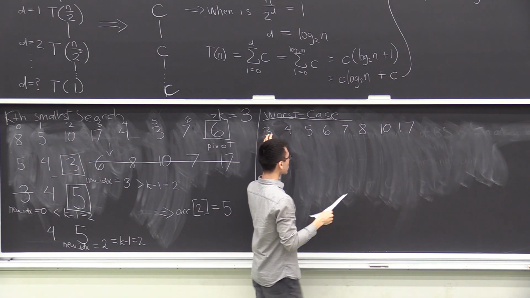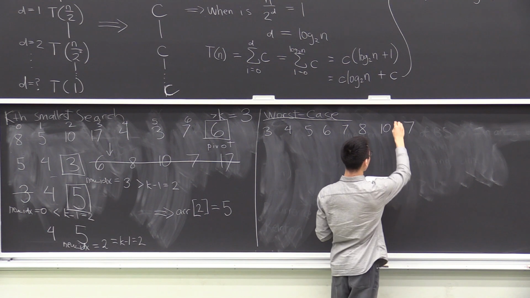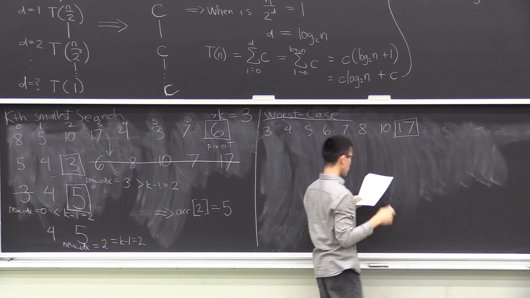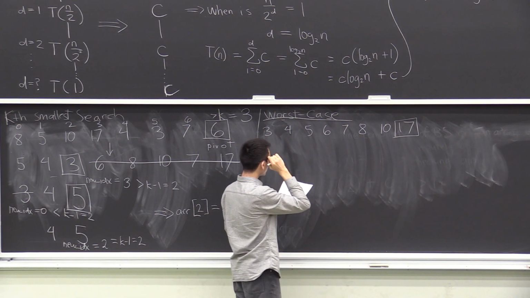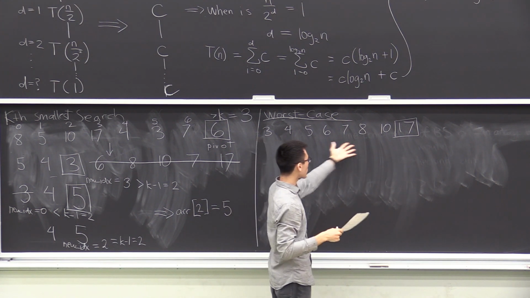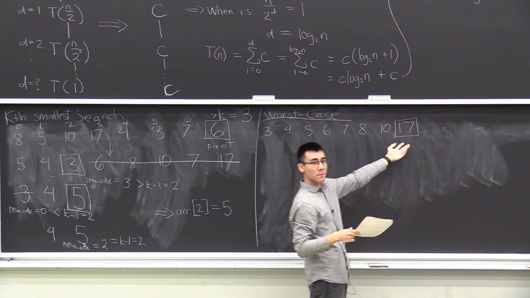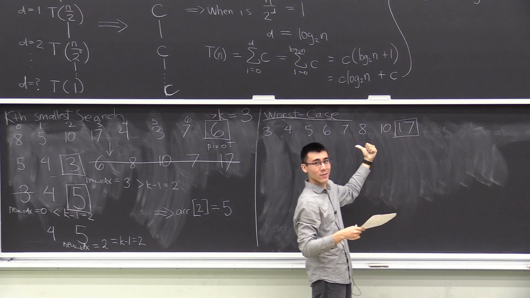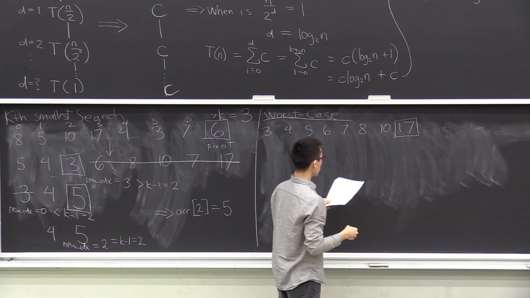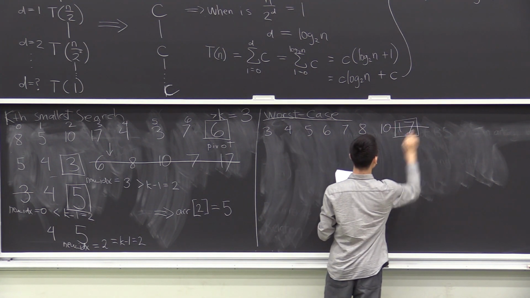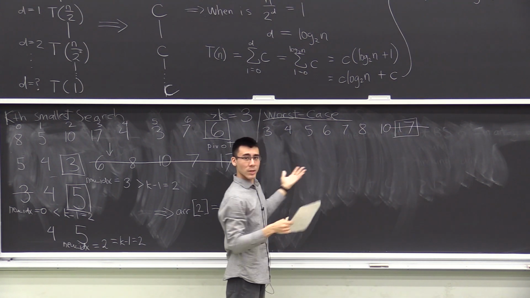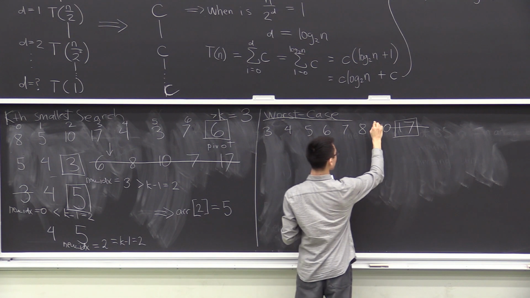So imagine we were to select 17 as the pivot. We do some partitioning, which is basically nothing, because everything to the left of 17 is already smaller than 17. So we would cross this off, and then we would repeat the same problem on this.